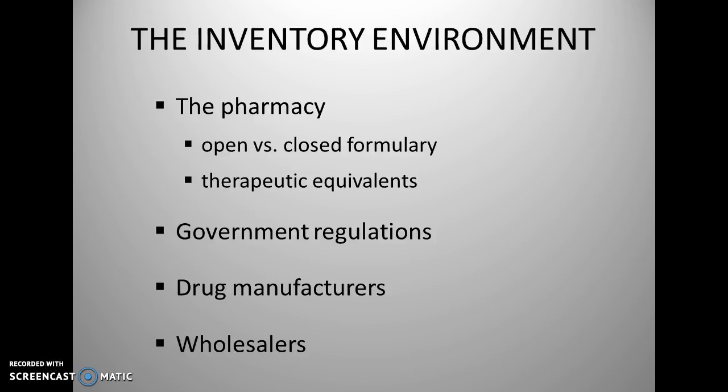And then you have others that are closed formularies. It's a limited amount of approved medication that is used within that particular system. So, in order for a physician to obtain a medication that's not within the formulary list, a physician must receive permission to use a medication that is not part of the list found within the formulary.